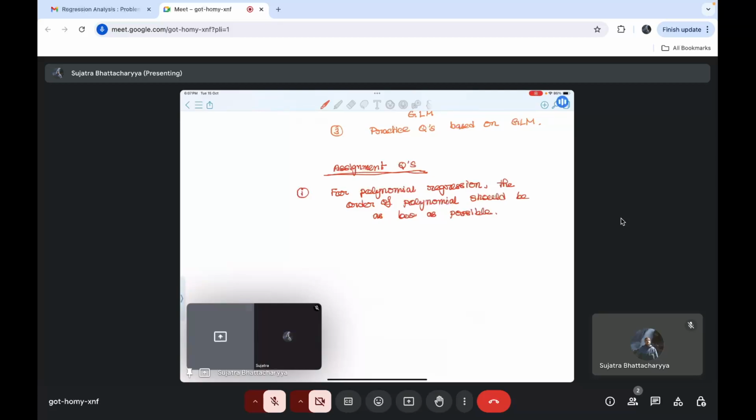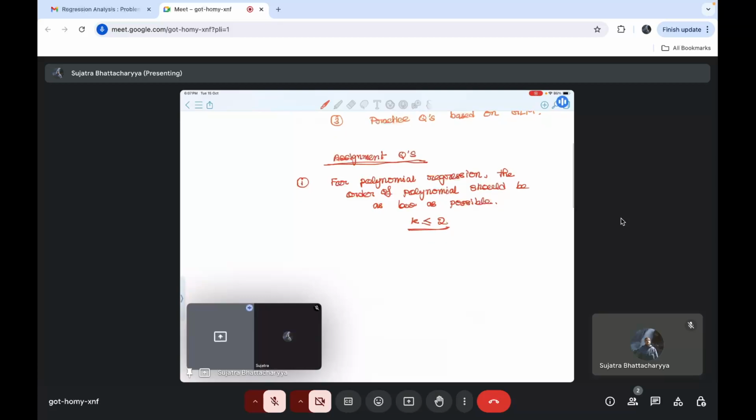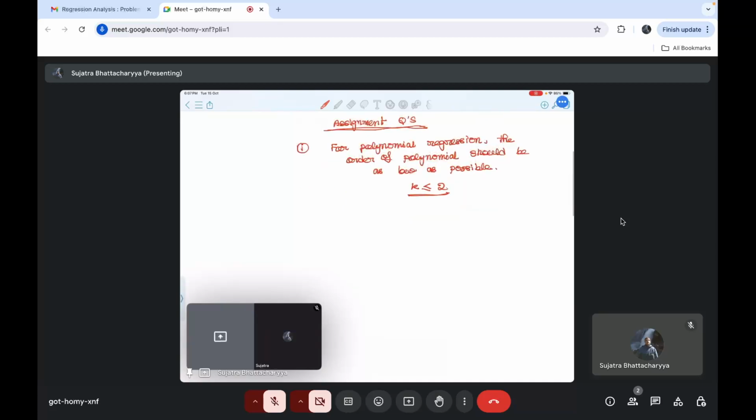Particularly, k should be less than or equal to 2. At max, you can go for a third order polynomial, but after that it is not a good model for this regression analysis or fitting. Therefore, in the polynomial regression model, the order should be as low as possible, particularly k less than or equal to 2, where k is the order of the polynomial.